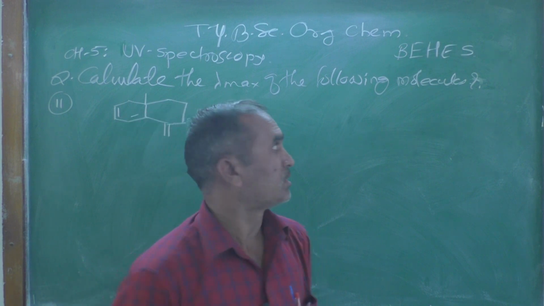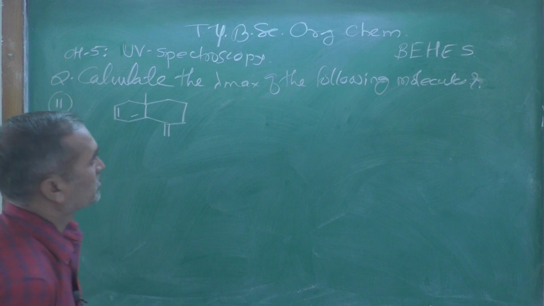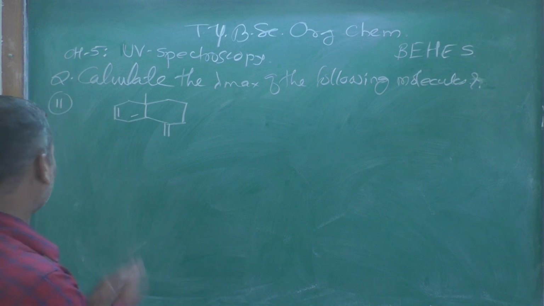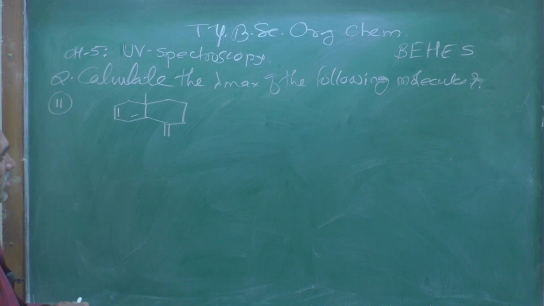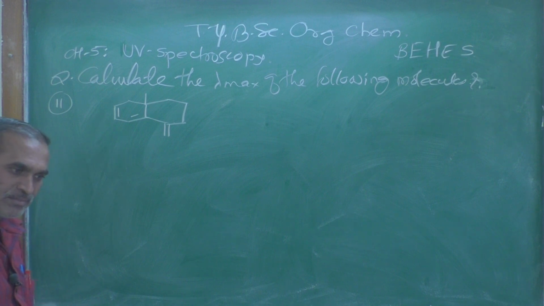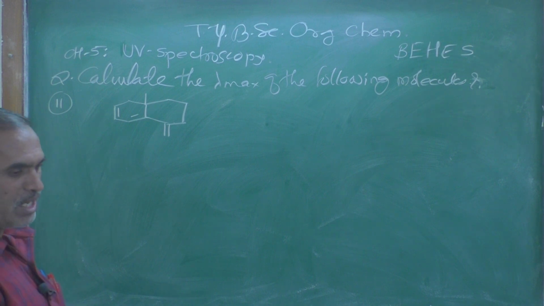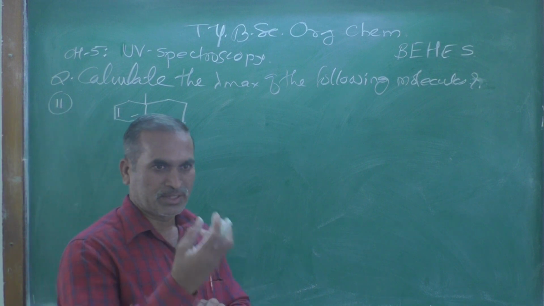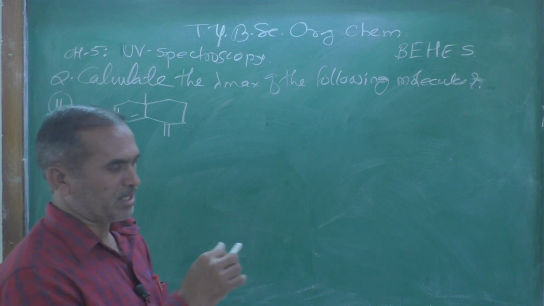Let's see here. First, observe the structure carefully and identify whether a diene system is present. We know how to recognize a diene system.